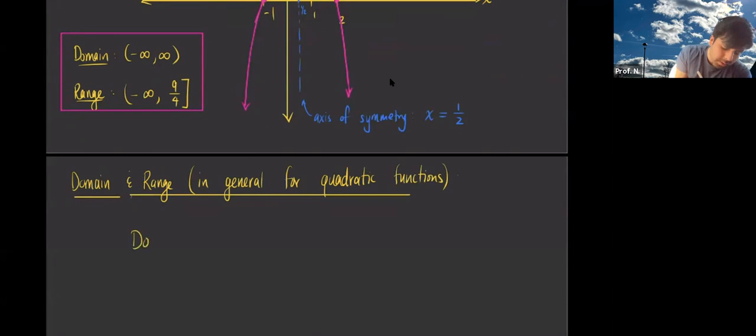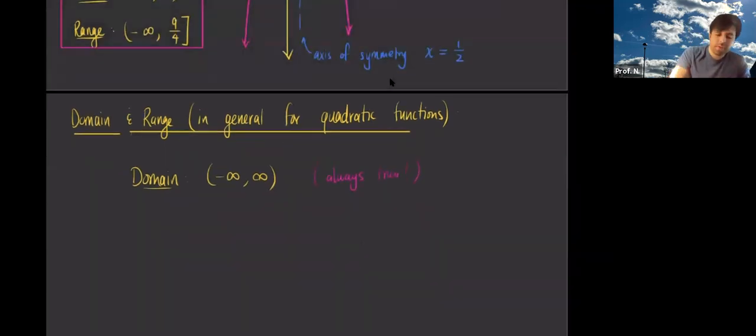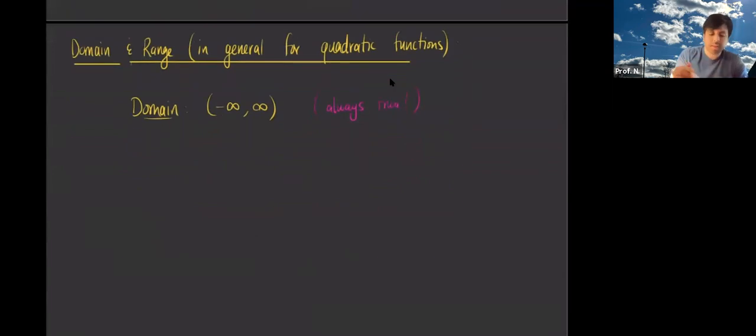So the domain will always be negative infinity to positive infinity. This happens always, right? This is always true for quadratic functions. However, the range will depend upon a few things.